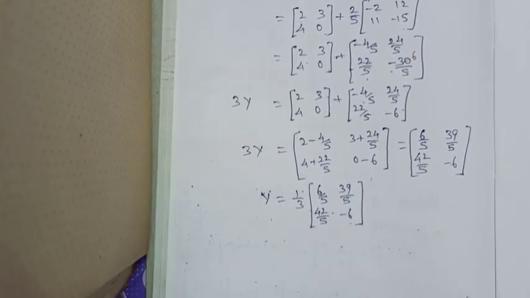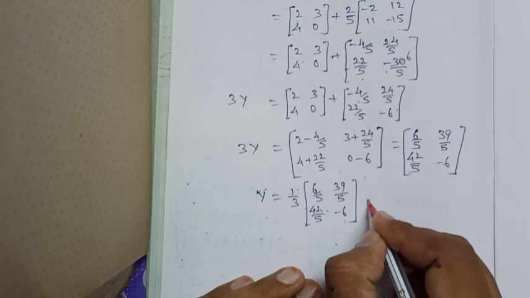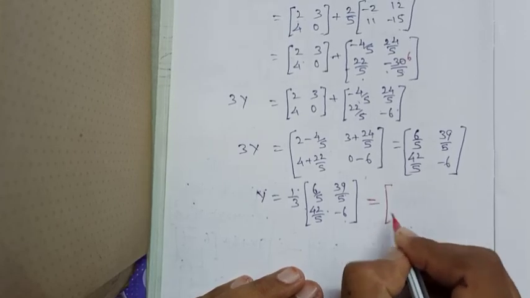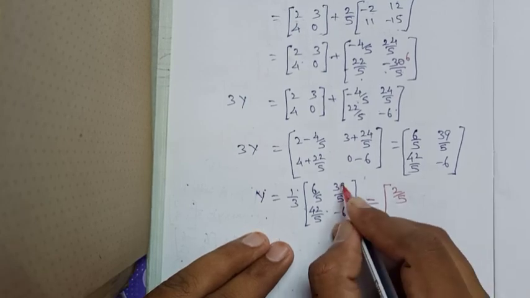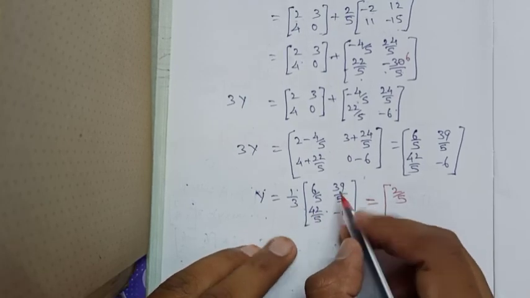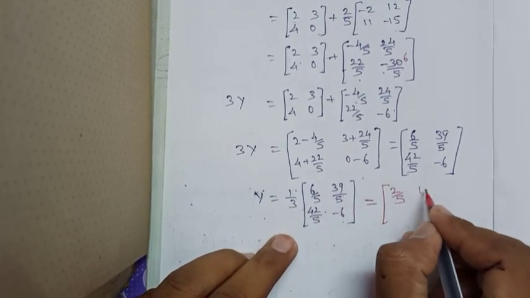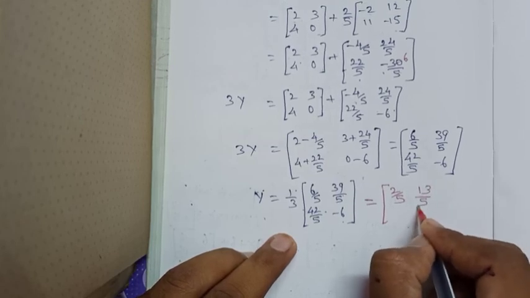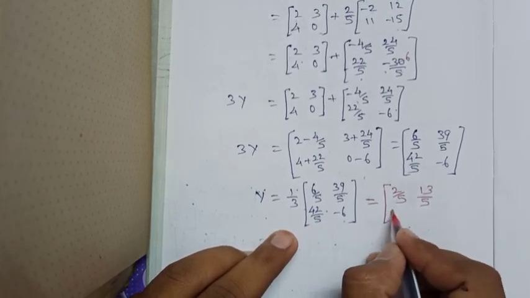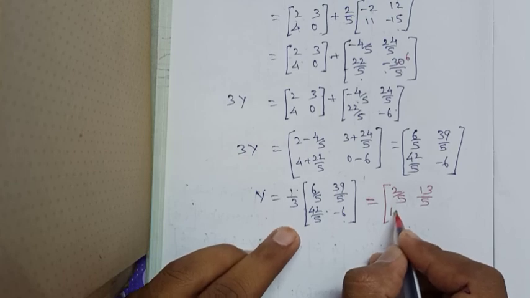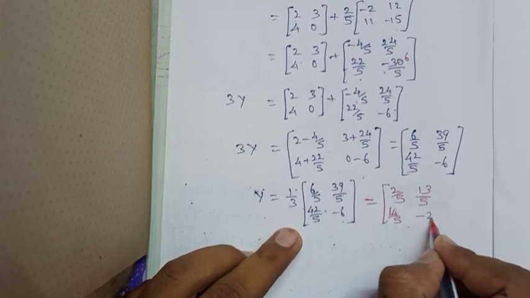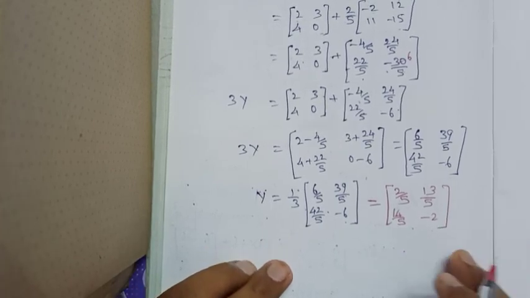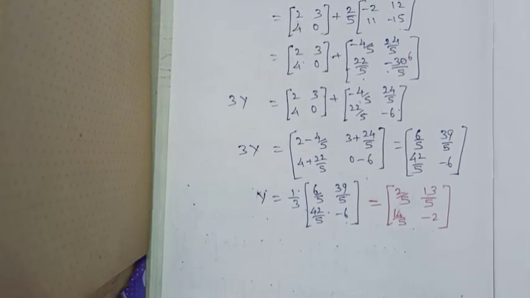We multiply inside by 1 by 3: 3 2s are 6, that is 2 by 5, and 39 times 1 by 3 is 13 divided by 5. Here 14 divided by 5 and minus 2. So this is the y matrix. Okay, thank you.